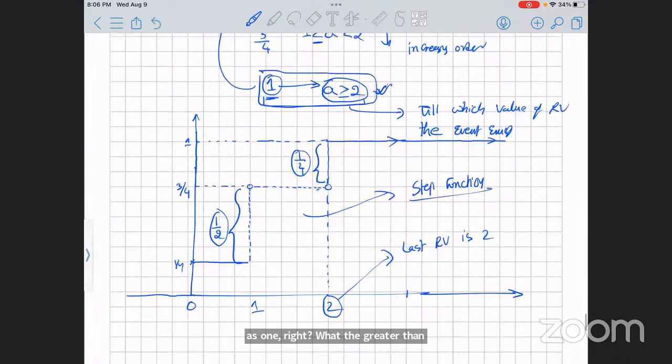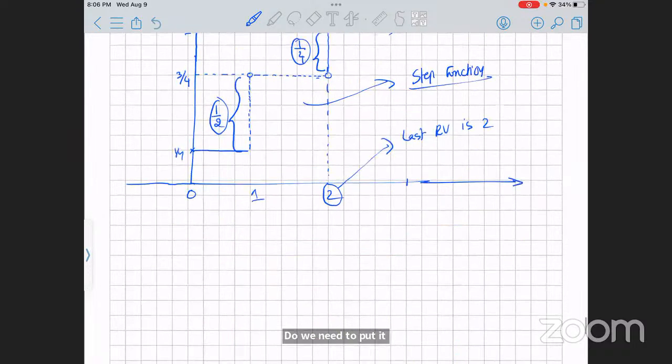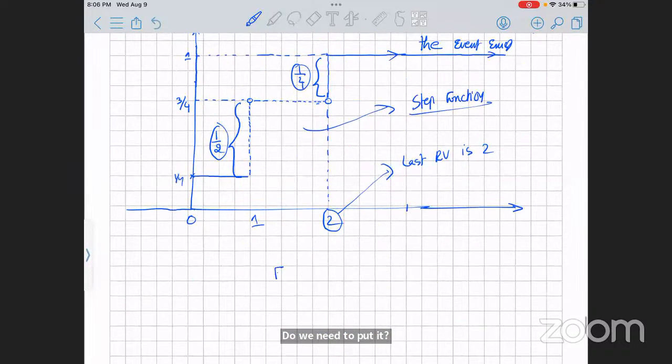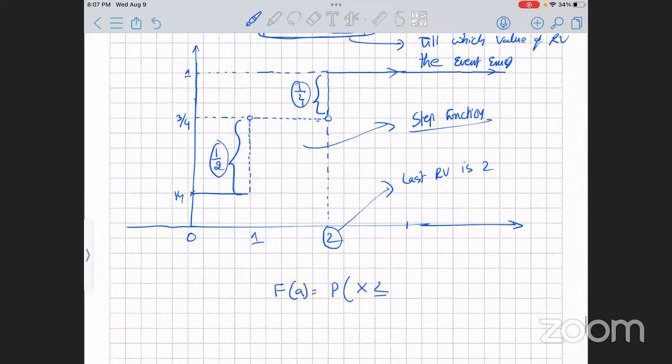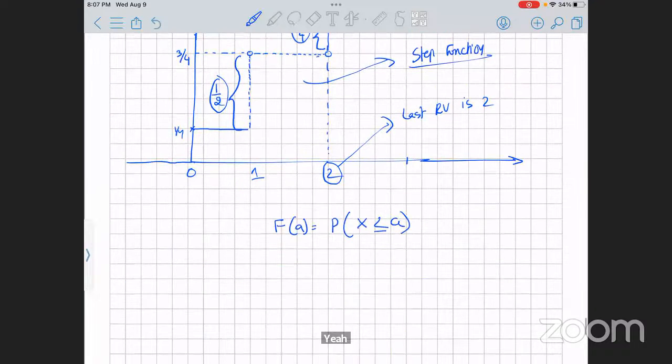Look, cumulative function means F of a is equal to the probability of X less than or equal to a. Suppose F of 2 means probability of X less than or equal to 2.